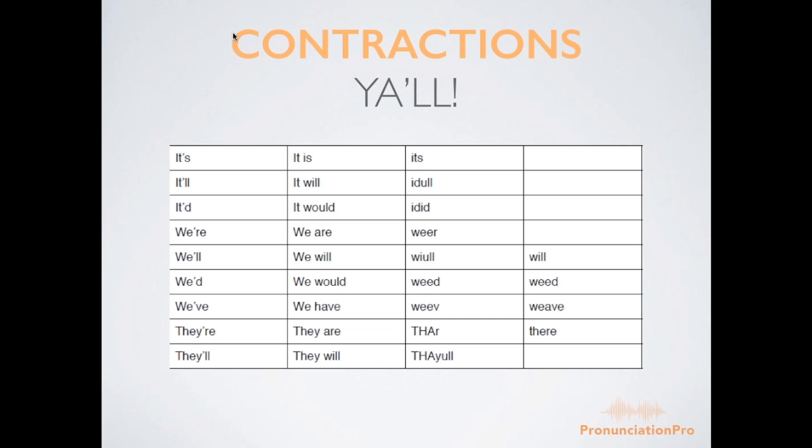We'll get the bags. We'll fill up the car with gas. We'd. We would. Let's see. What's a sentence? We'd be glad to bring something. We'd be silly not to.